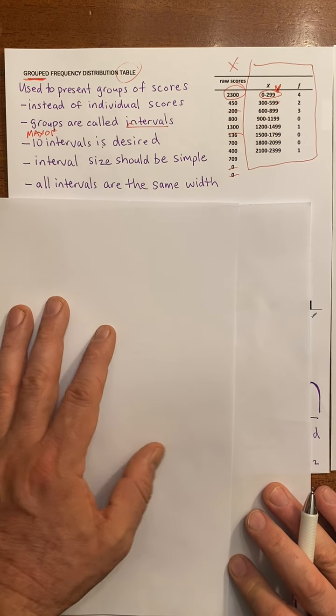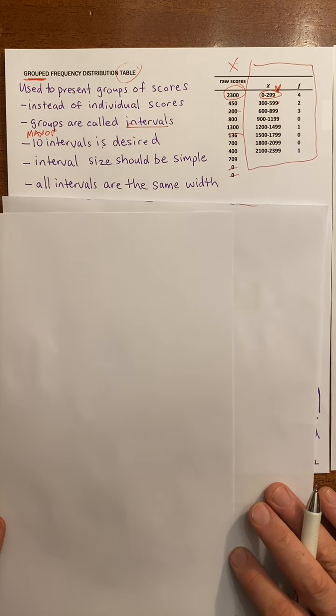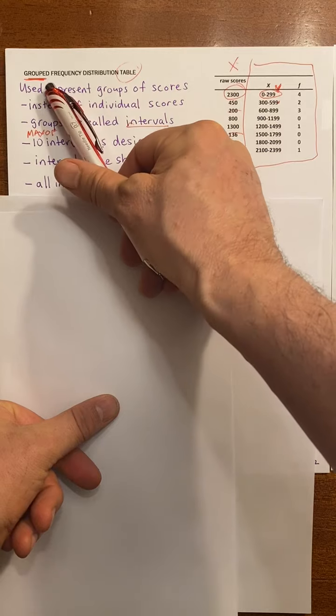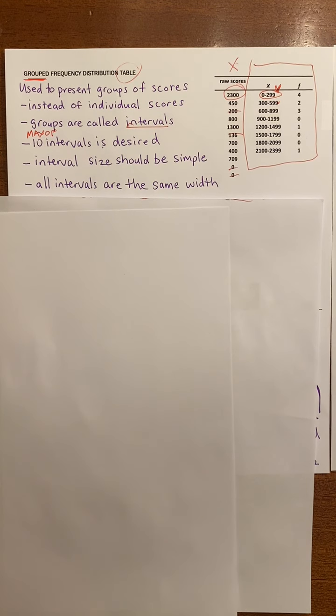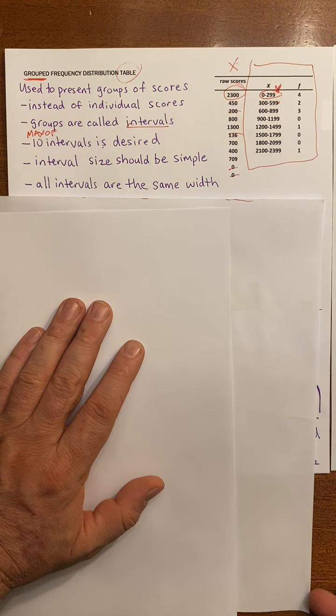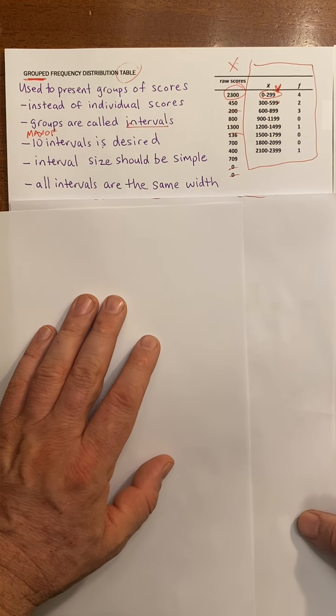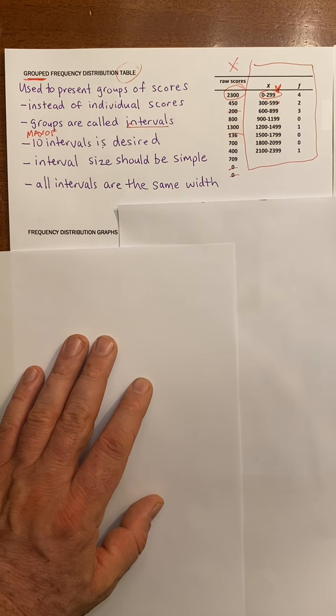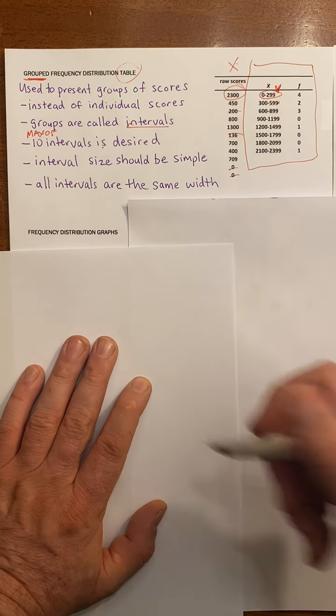Okay, beyond that, that's everything I wanted to say about tables. So I've introduced to you tables and also grouped tables. Now, sticking with the idea of talking about frequency distributions, we're going to talk about the other kind of frequency distribution, the graph.